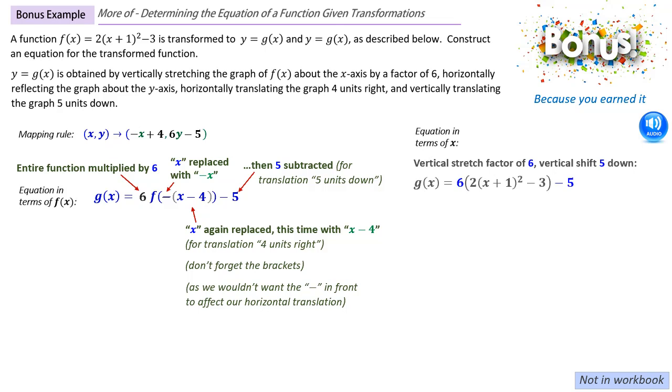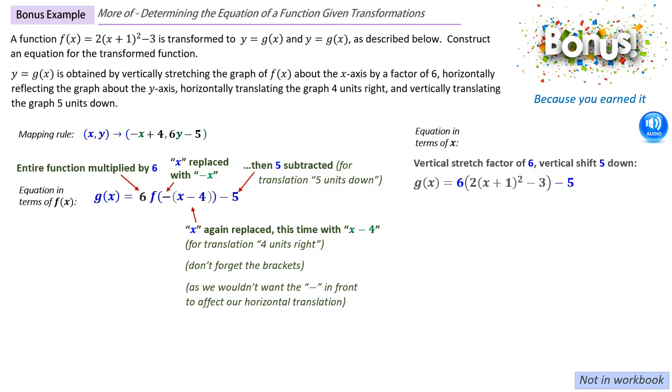So, let's see our equation in terms of x. It's important that we apply stretches before translations within each direction, which is to say, it's okay to apply a vertical translation before a horizontal stretch, but not a vertical translation before a vertical stretch.